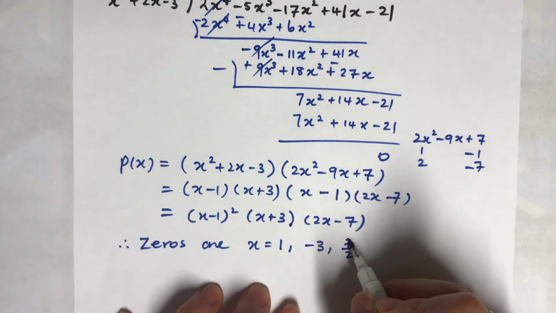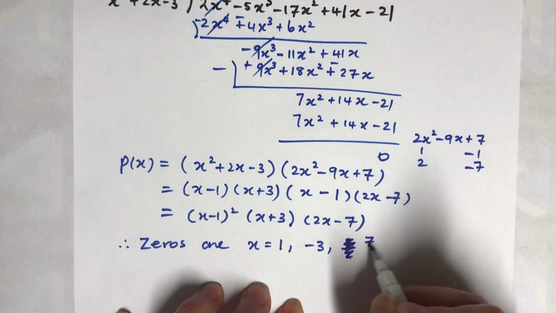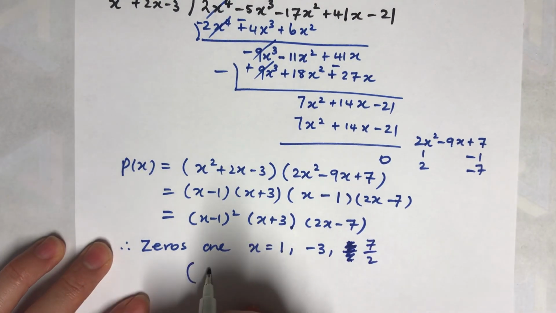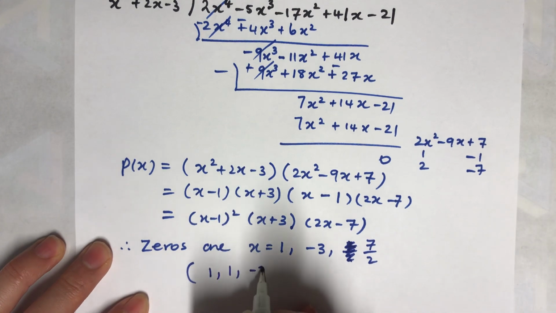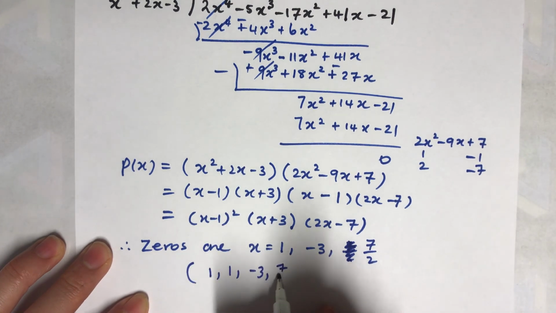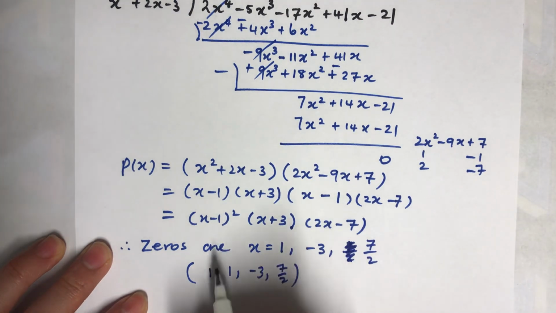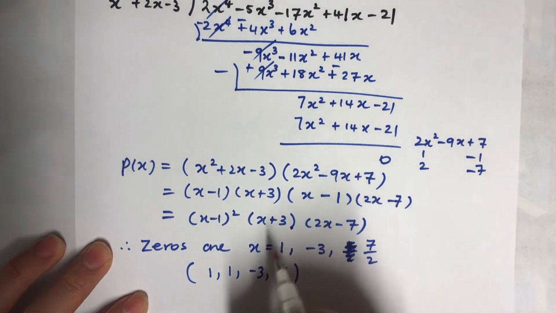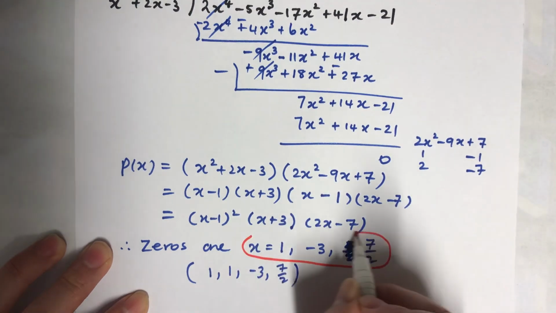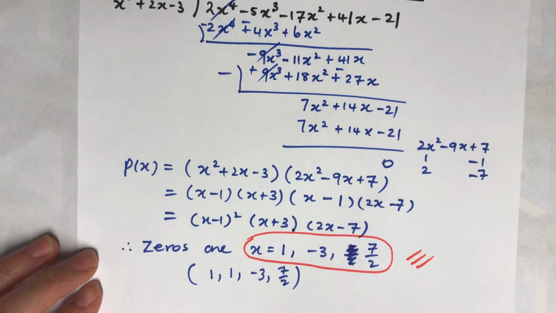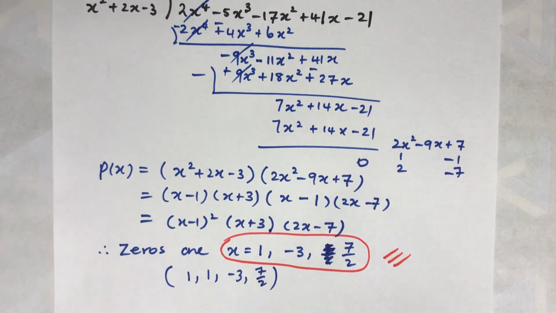Oh, that's not very nice looking, 7 over 2. But really, seriously, it's 1, minus 3, 7 over 2, and there's a double of them. But we do not count the same one twice. So the zeros are 1, minus 3 and 7 over 2.